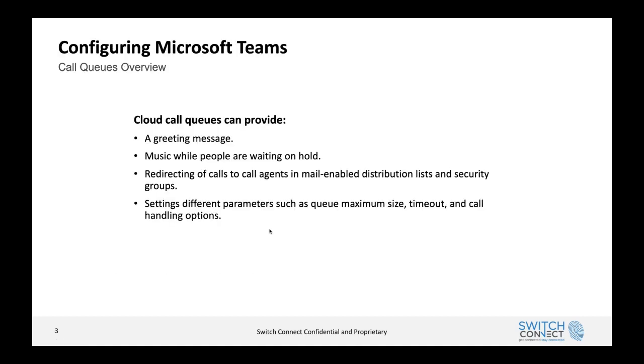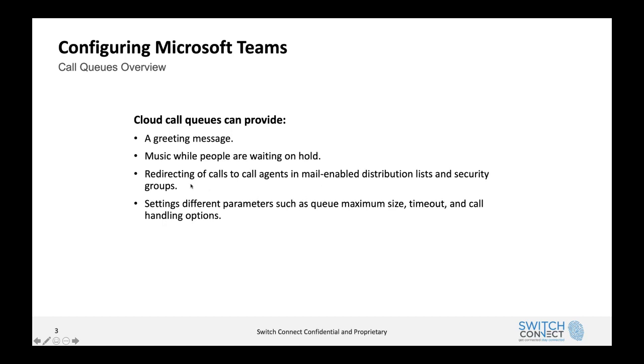So call queues. What can you do with the call queue? What can't you do with the call queue within Microsoft Teams? Call queues go by very many names within our industry. These things are called hunt groups, call queues, ring groups, depending on where you've come through your journey. But in essence, what a call queue allows you to do is actually queue a call for people to answer.